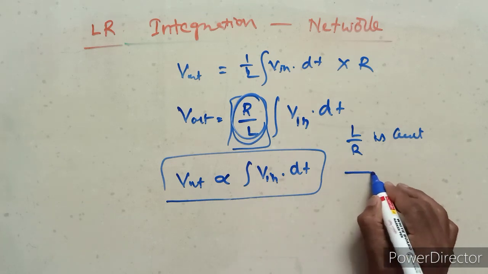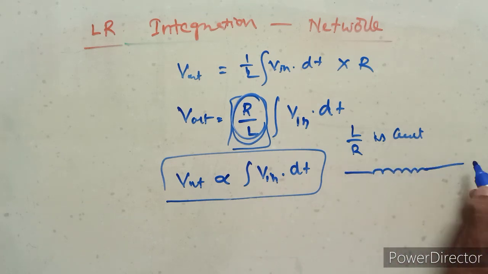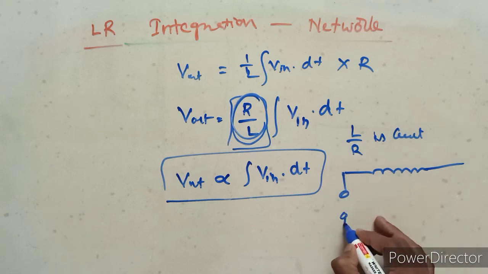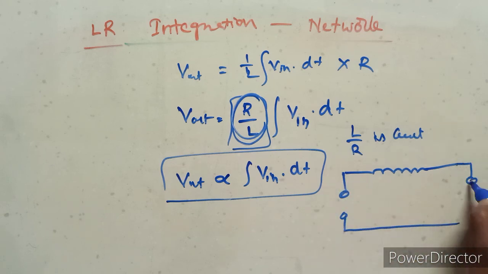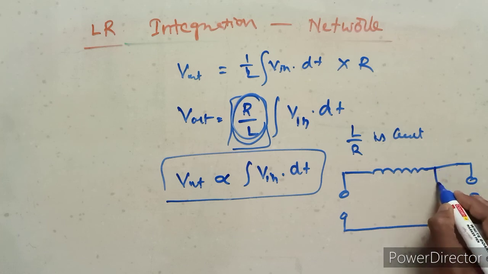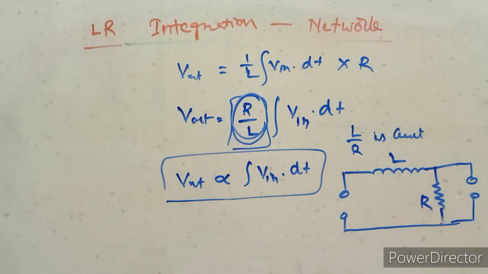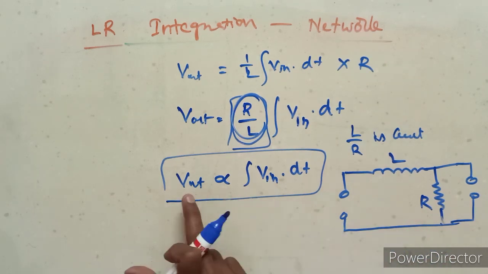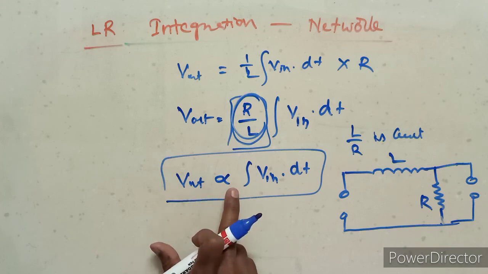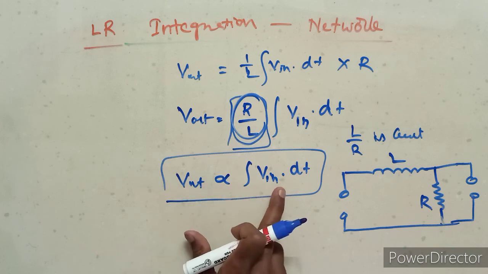This network is called an integrating network. In an integrating network, the output voltage is directly proportional to the integral of the input voltage.